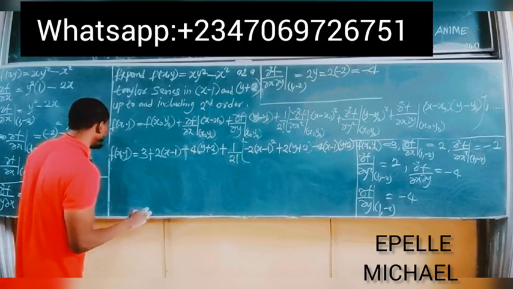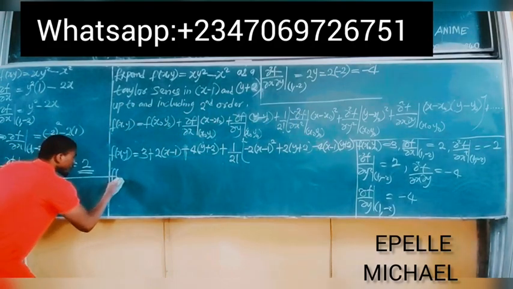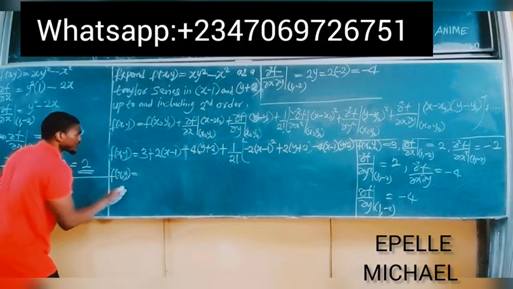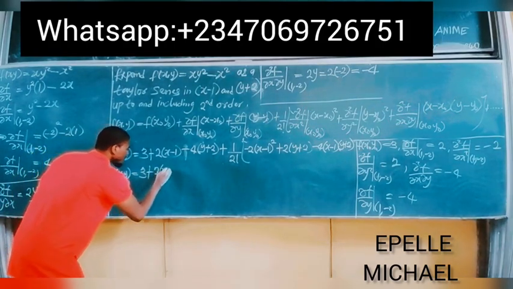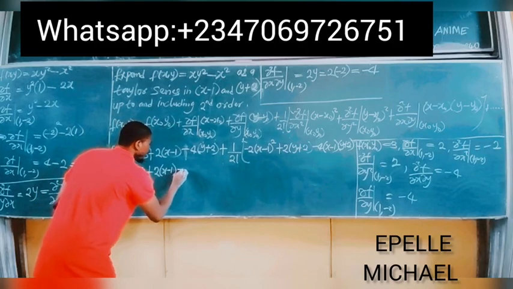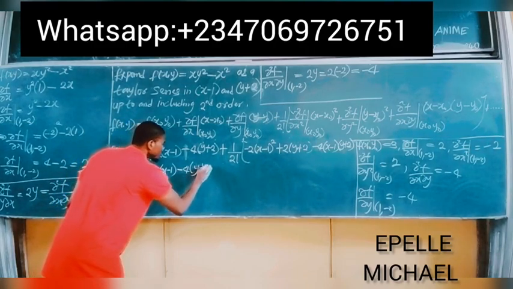So let's rewrite. The Taylor series expansion of this function f(x, y) is now equal to 3 plus 2 into (x minus 1) minus 4 into (y plus 2).